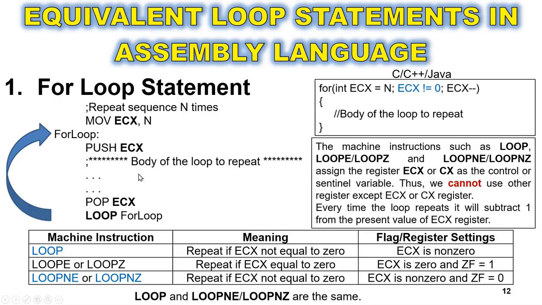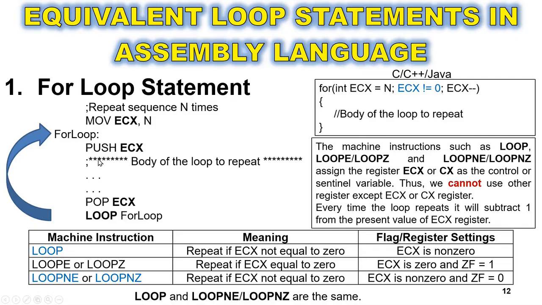If we use the register ECX, the accumulator register, inside the body of our for loop, we need to preserve it inside the memory of the computer. The computer has a stack memory as a temporary data storage to preserve not only registers but also local variables when entering a procedure or a function.